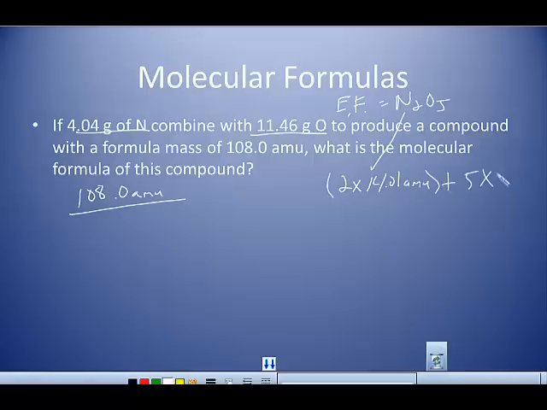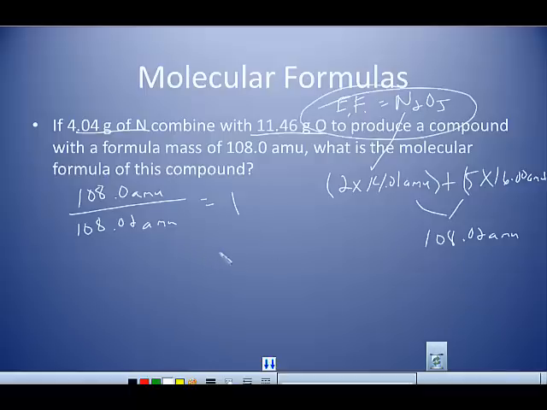When we add all those up, we get 108.02 AMUs. Well, that looks a lot like this. So my multiple is going to be 1 in this case. In other words, my empirical formula was N2O5, and my molecular formula in this case is also N2O5.